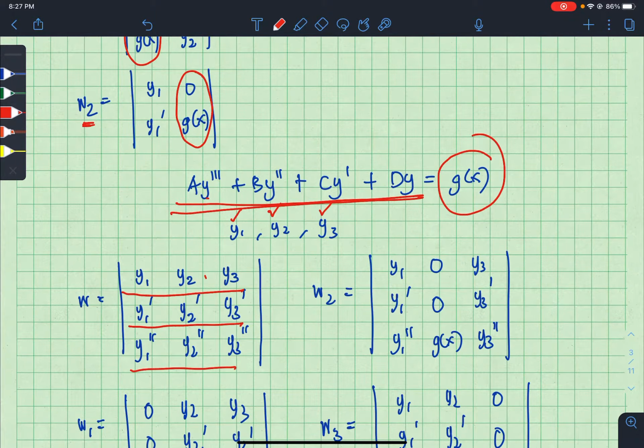So y sub 1 is e raised to negative t. y sub 2 is t e raised to negative t. So our w then, for our two solutions, e negative t, then t e negative t. So the derivative of this is negative e raised to negative t, then t e raised to negative t, the derivative of negative t is negative 1.